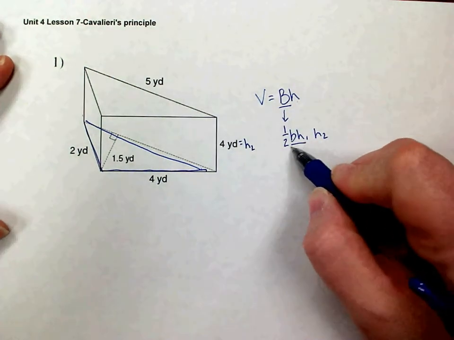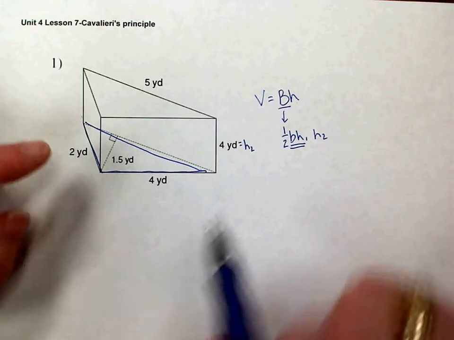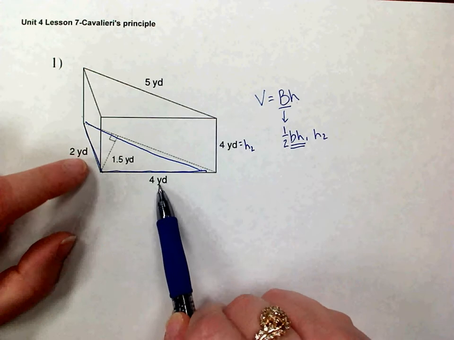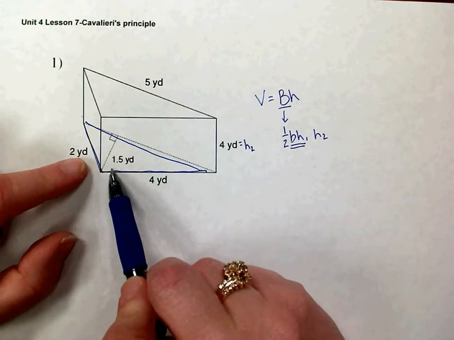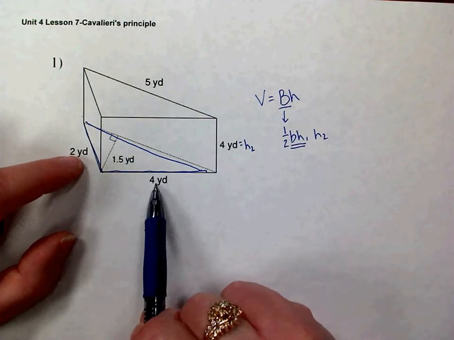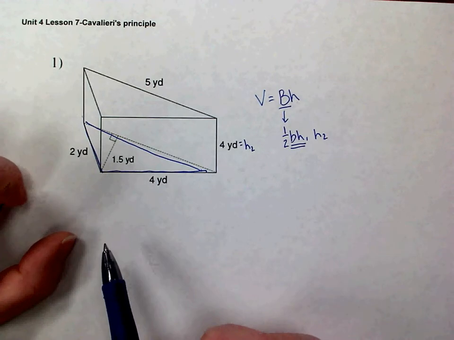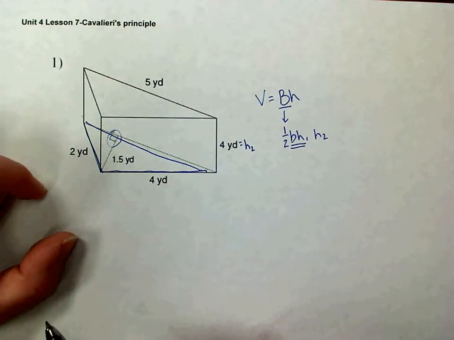Remember, the base and height of a triangle have to be perpendicular to one another. So I was noticing some students trying to use the 2 and 4 as their base and height. But when I look at the angle formed by those sides, I'm not given that that's a right angle. So you don't want to use these two sides as your base and height. You're looking for a perpendicular relationship, which we see with this right angle symbol right here.